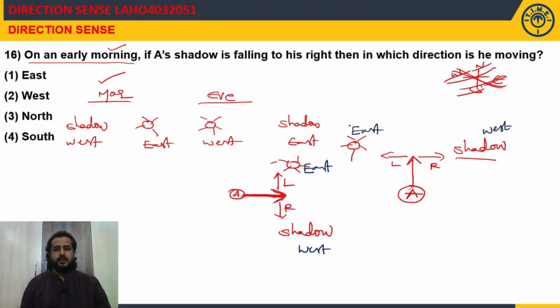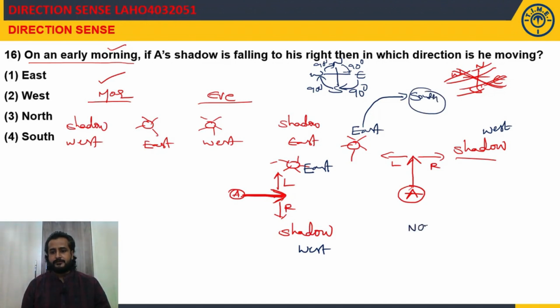Now you know the basic directions: east, west, north, south. From the east, 90 degrees clockwise is south. From the south, 90 degrees clockwise is west. From the west, 90 degrees clockwise is north. From the north, 90 degrees clockwise is east. So from the east, 90 degrees clockwise will be south, and south opposite is north.